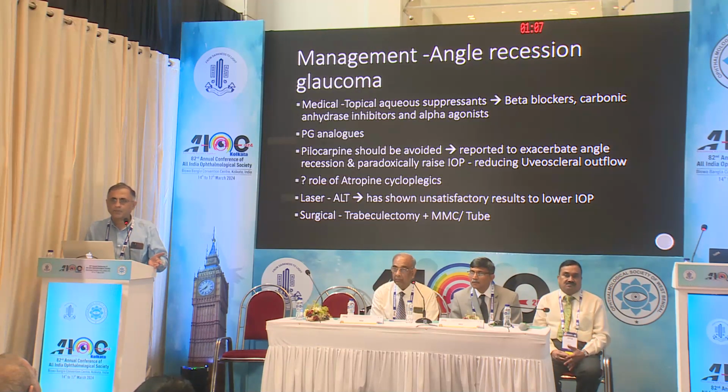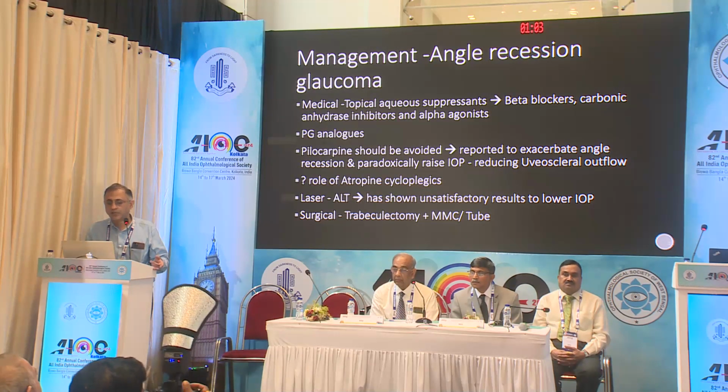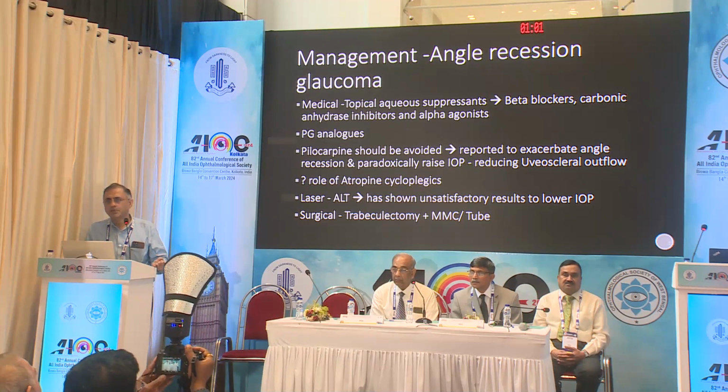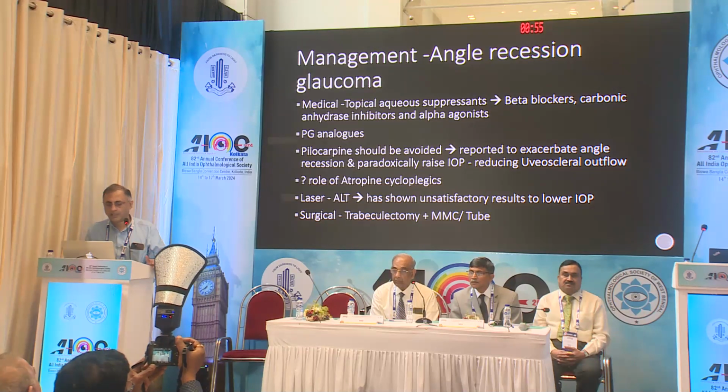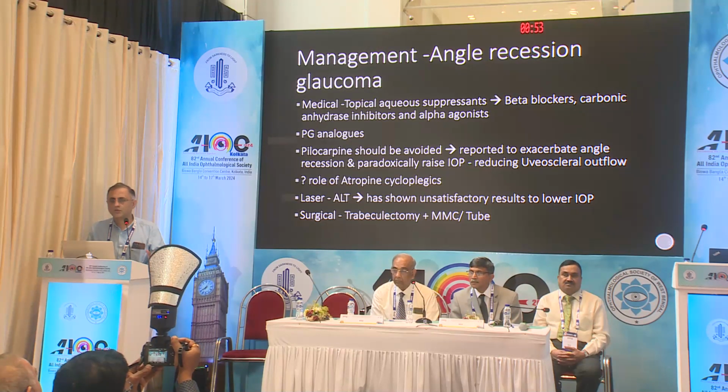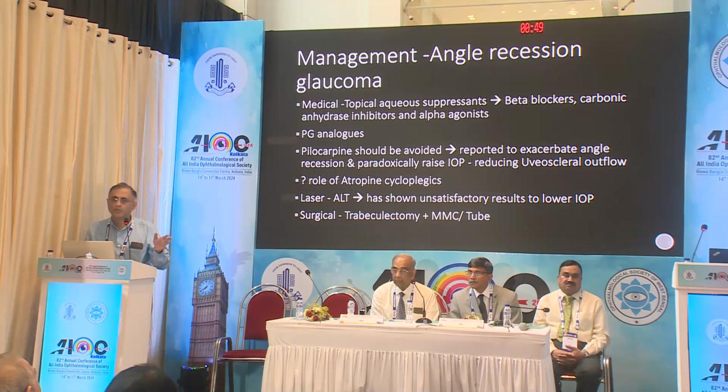Management is like any primary open angle glaucoma, but these are more resilient to treatment. So you start with aqueous suppressants. You can give prostaglandins. These would help because there is an increased outflow through the uveoscleral pathway. But you would not want to use pilocarpine, because trabecular meshwork outflow is not working, and pilocarpine also reduces uveoscleral flow.